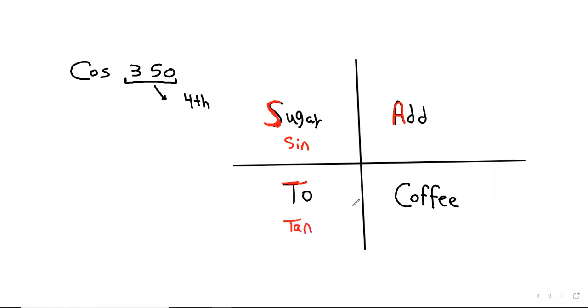Do you remember it, Yusuf? Yes. And in the fourth quadrant, cosine is positive. So here, all trigonometric functions are positive. In the second quadrant, sine only is the positive function, in the third quadrant tan, and in the fourth quadrant cosine. So 350 lies in the fourth quadrant, and the sign of the cosine is positive.